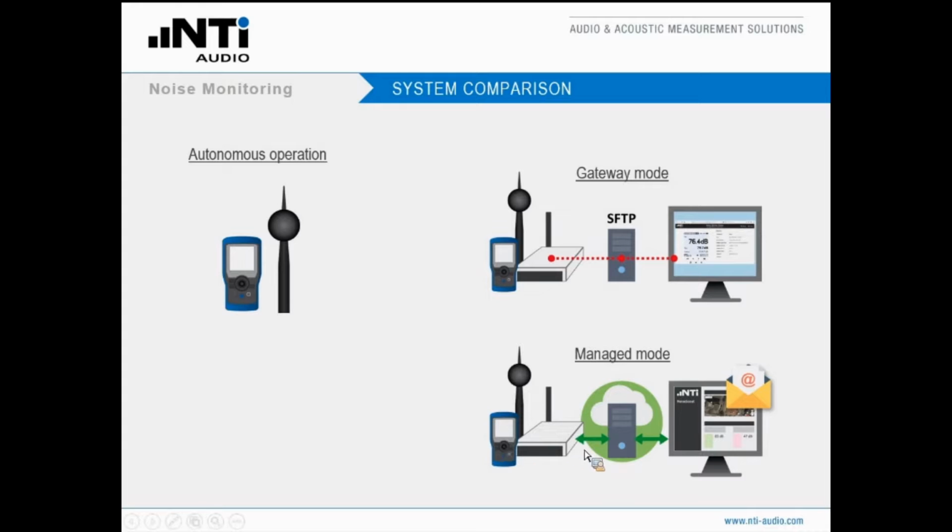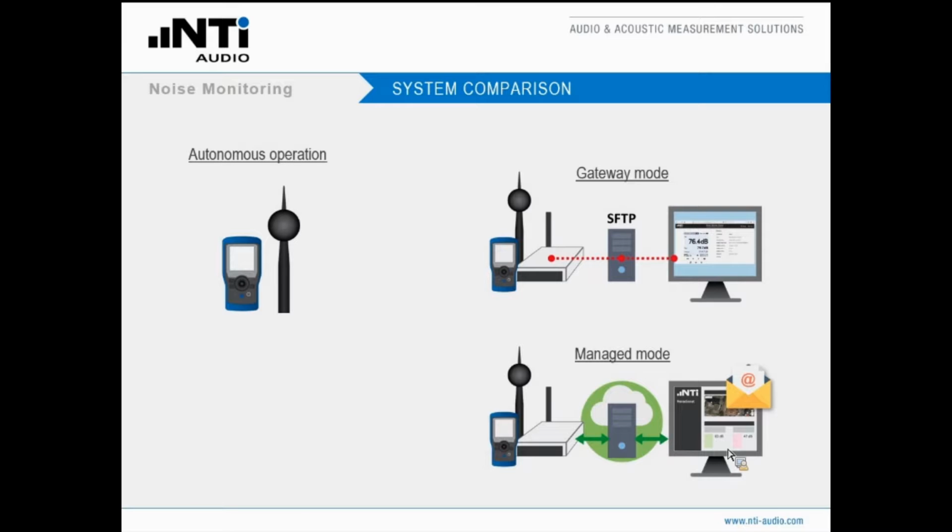And a third way of setting up such an unattended noise monitoring station would be the managed mode. Here you need again a noise monitor, XL2, microphone and netbox. Here in between we have the Noise Scout server, which is a cloud service, and from this server you may interact with the PC in your office. So here it is similar to the gateway mode, but the major difference is that this Noise Scout platform is a very comfortable solution, meaning that it provides a lot of automated procedures.